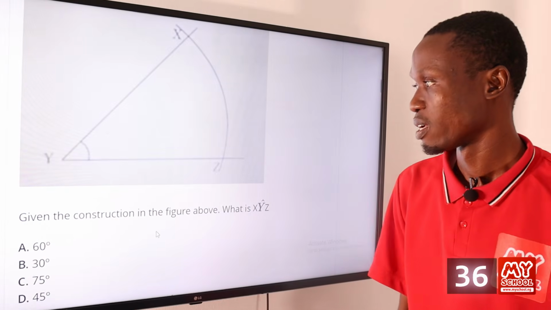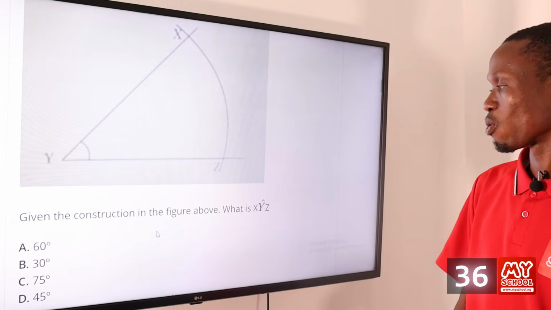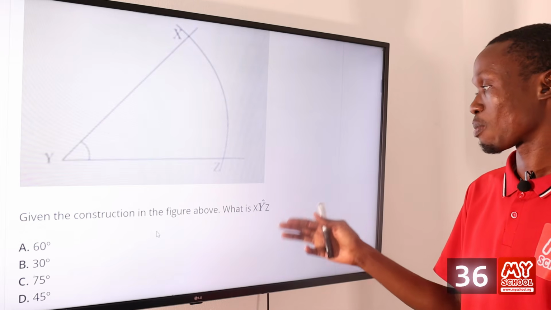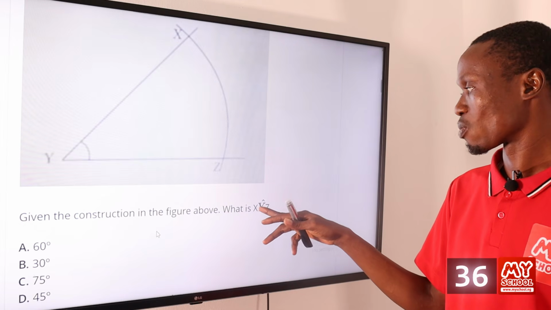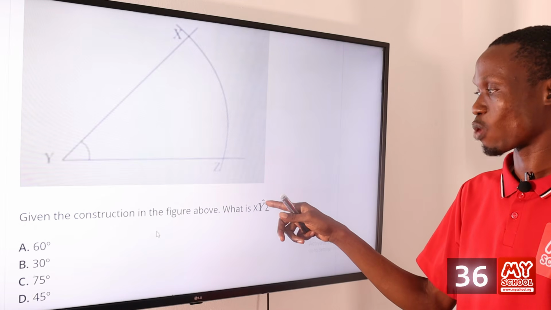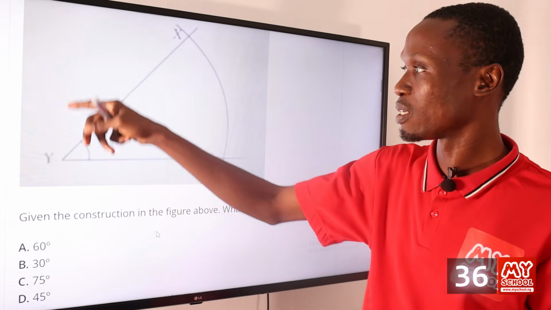Question 36. Given the construction in the figure above, what is angle Z? Okay, so the construction above is triangle XYZ, but in this case we are asked to look for angle Y. If you look at the construction very well, if we take a straight line here, we'll be having 90.